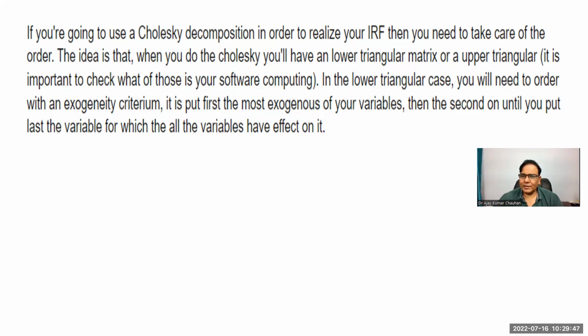This is the suggestion given by the authors, and it is because EViews is software which works on the lower triangular matrix, so it is doing calculations on the lower triangular matrix. So the sequencing is very, very important, and we have to follow the sequencing in the decreasing order of exogeneity.